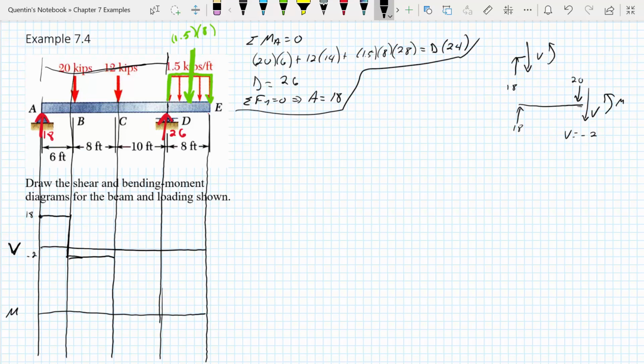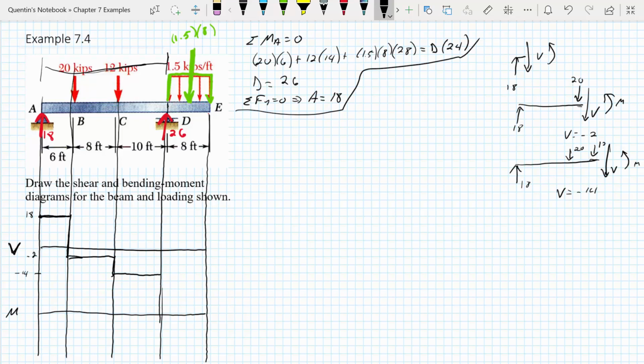And now we're going to drop another 12, because now we have 20 and 12. So in here, V is minus 14. It's going to drop, boom, to minus 14, and hold that constant to here.